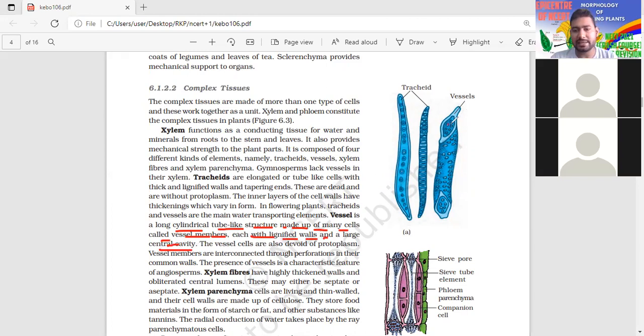Inside, they have space. I'm drawing it. Suppose this is the structure of a vessel. Inside you can see they have a large central cavity.